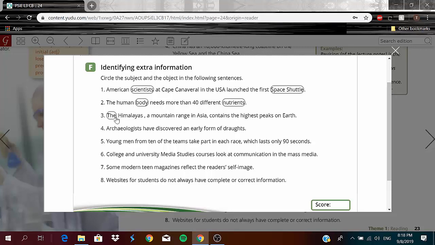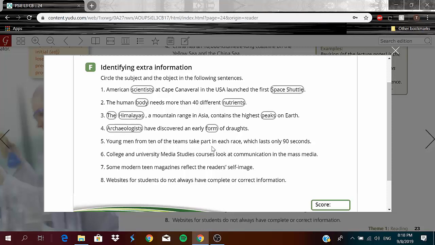The Himalayas, yeah, mountain range in Asia contains the highest peaks, yep, peaks on Earth. Archaeologists have discovered an early form of drafts. So we'll say archaeologists, obviously, subject, and an early form of drafts.